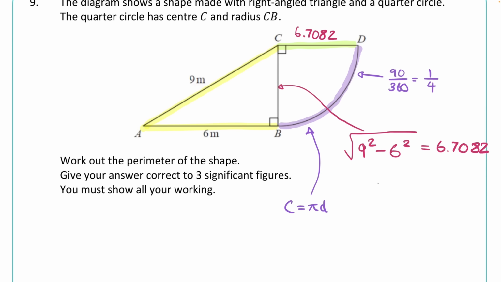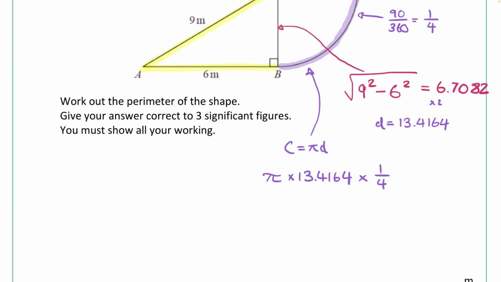So the diameter, which I'll write to the side here, is going to be 2 lots of the 6.7. So I'm going to press times 2 on my calculator, and we get a diameter of 13.4164. So I can do pi times 13.4164, and I'm going to multiply that by the fraction of the circle, which is 1/4. I'm going to type that all in one go.